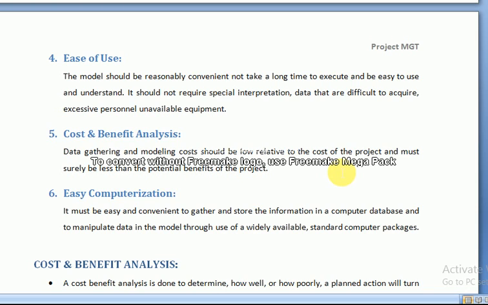CBA means cost and benefits analysis, and on the basis of this analysis we will accept or reject the project. So this is the first technique that is used. In the upcoming lectures we will discuss the other techniques as well, such as the payback period technique, the net present value technique, the profitability index technique, and the internal rate of return technique. Clear?